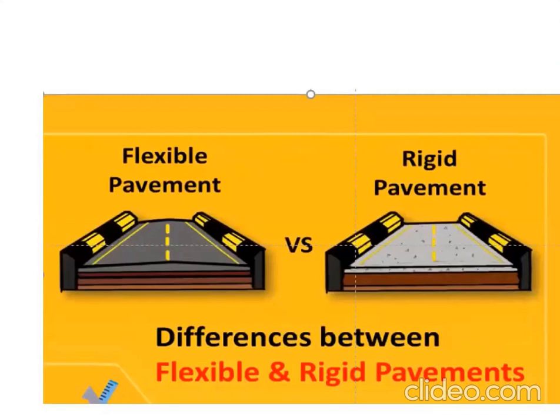So there can be 3 types of pavement: the flexible pavement, rigid pavement, and a composite pavement. Composite is that you already had a concrete slab, and then you have to improve some riding quality on that. So you can have asphalt pavement placed on a rigid pavement.